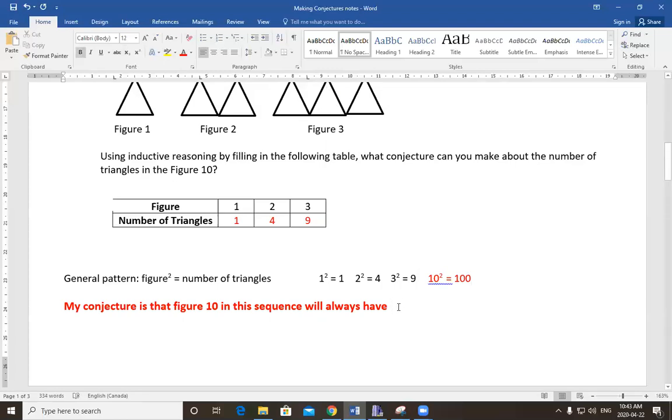So my conjecture is that figure 10 in the sequence will always have 100 triangles. That is our conjecture about that.